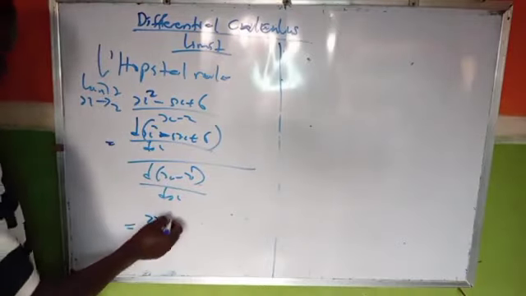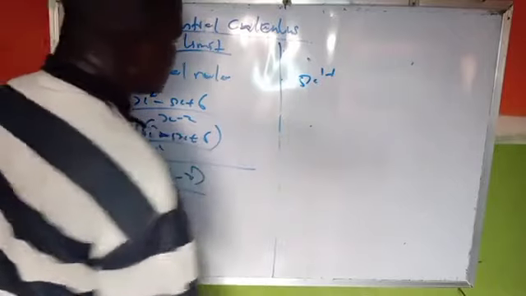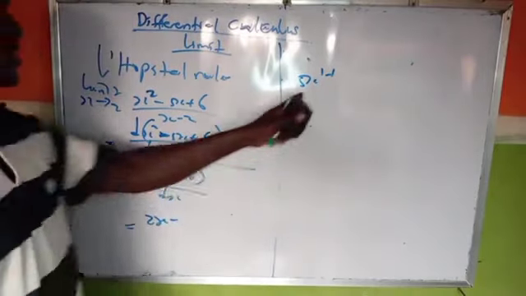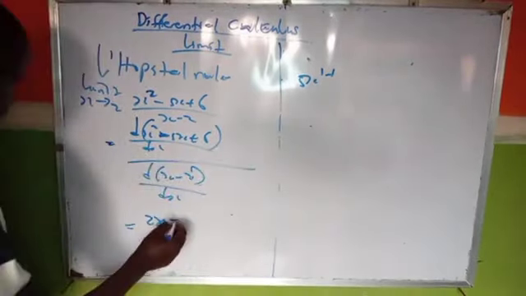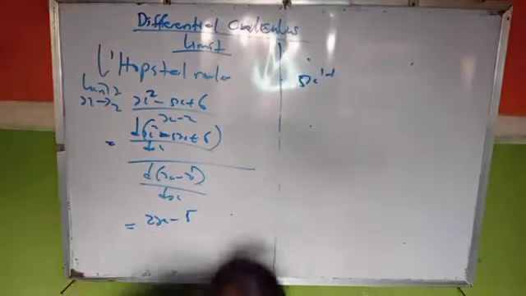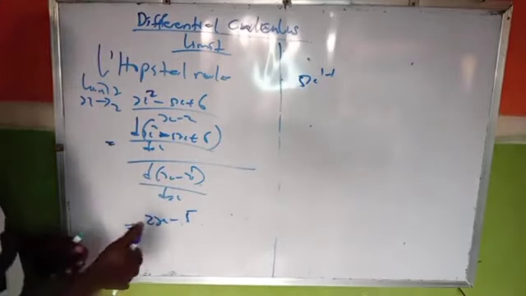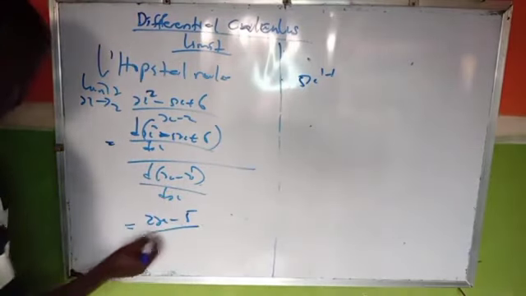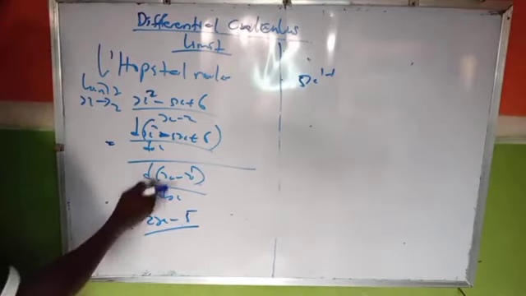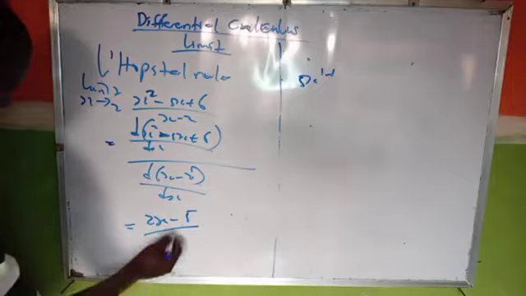Again, 5x: 1 minus 1 is 0, and anything raised to power 0 is 1, so here you have 5. The derivative of a constant is 0. Then what about the derivative of the denominator?